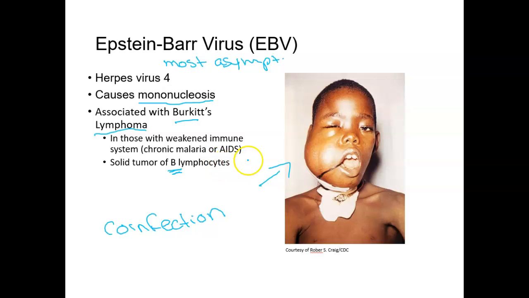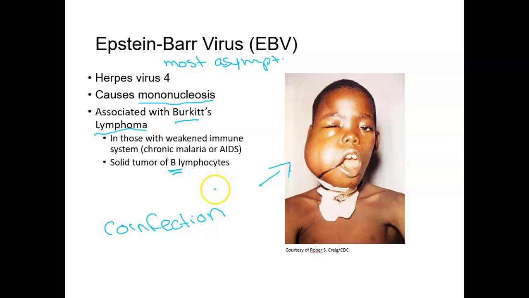We don't know all the details of why a co-infection with malaria or HIV helps Epstein-Barr virus cause cancer. So there's still a lot of research going into that. What we do know is that B cells, of course, make antibodies, and when B cells undergo differentiation, they need to do a lot of gene rearrangements.